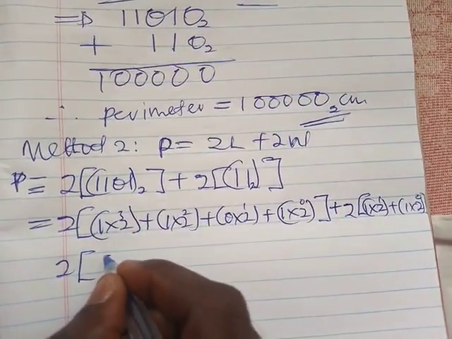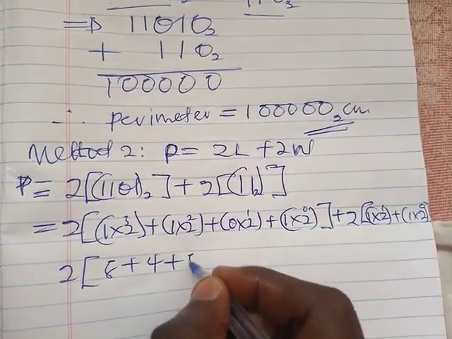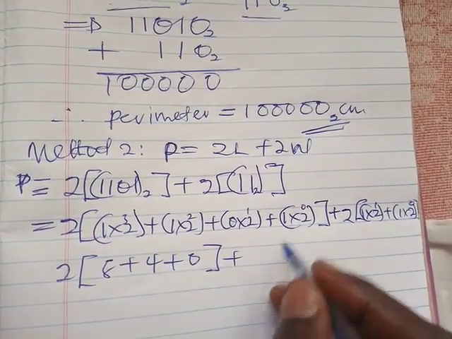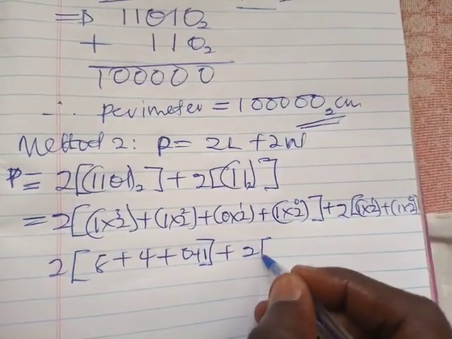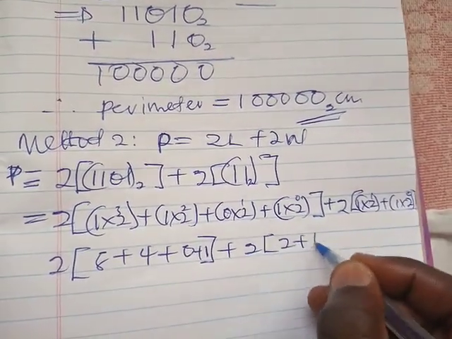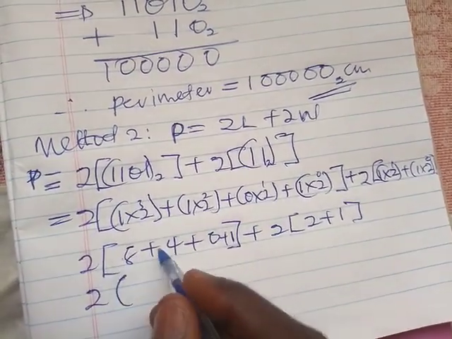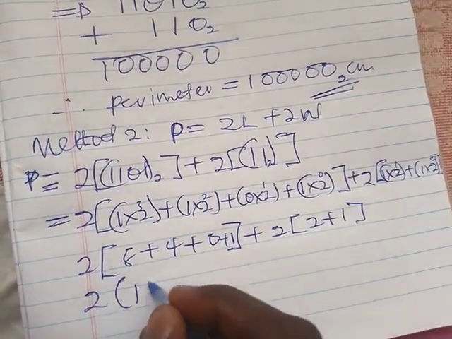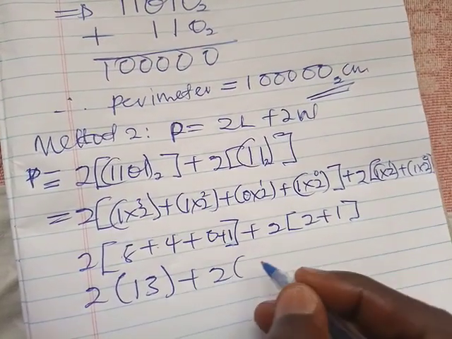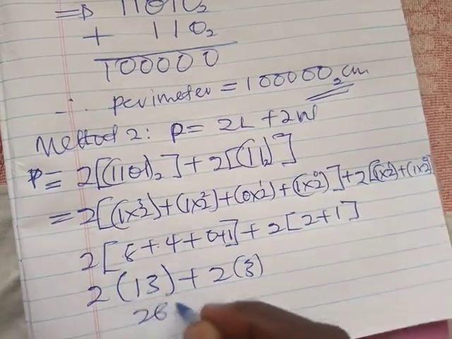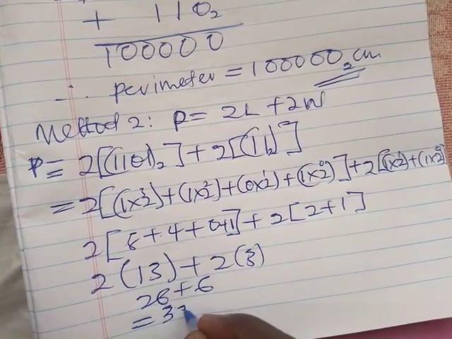So 2 raised to the power 3 times 1, we have 8, and we have 4 here, and we have 0, and we have 1. And we have 2 plus 1, so we have 2 outside, 8 plus 4 plus 1, that's 13, and we have 3 here, so we have 26 plus 6, in all we have 32.